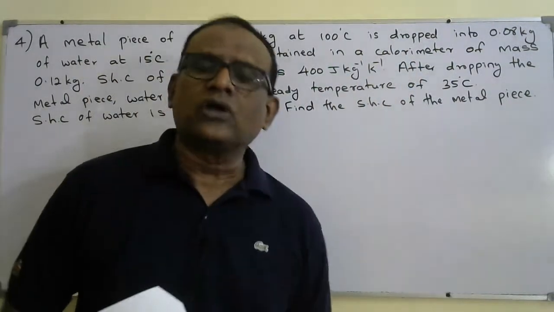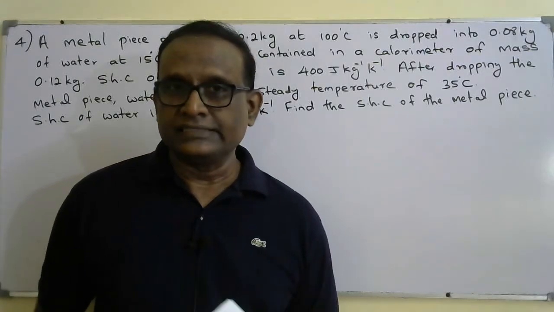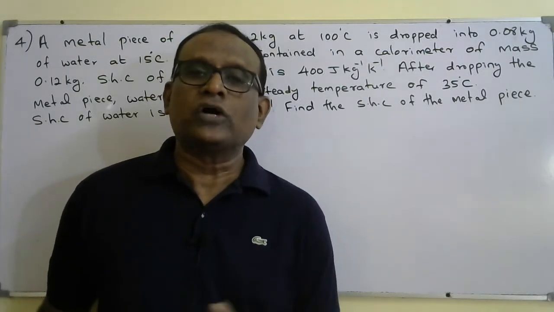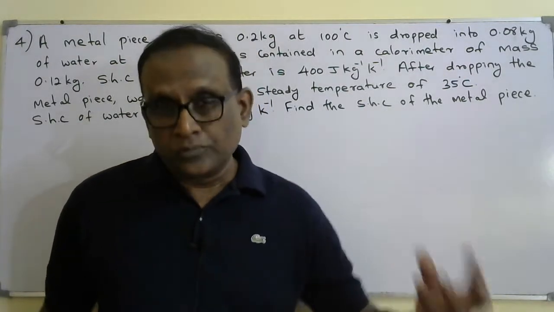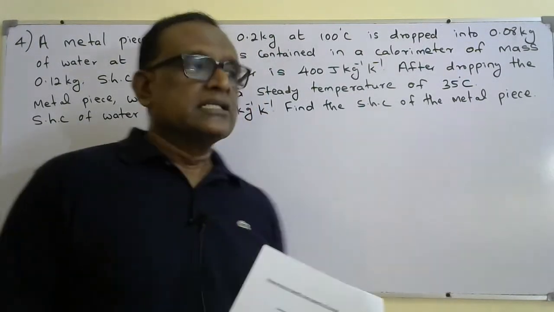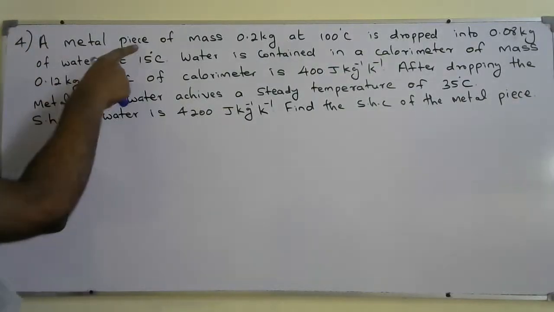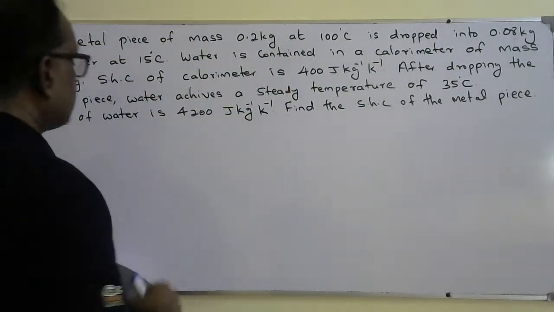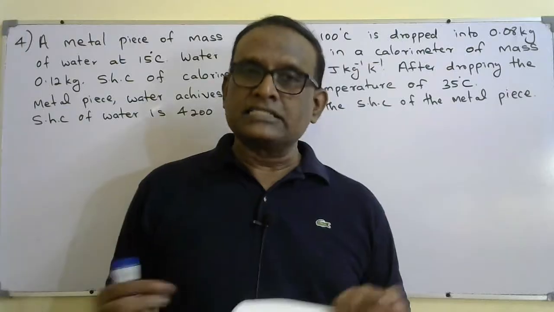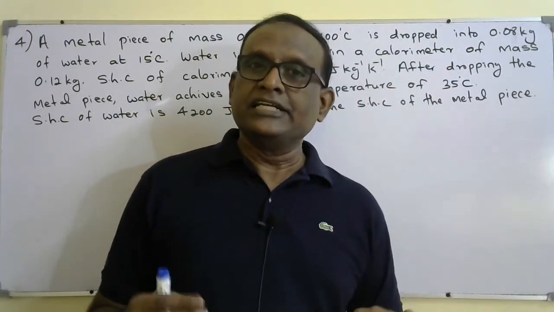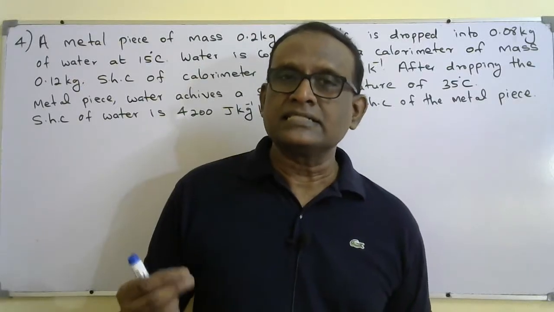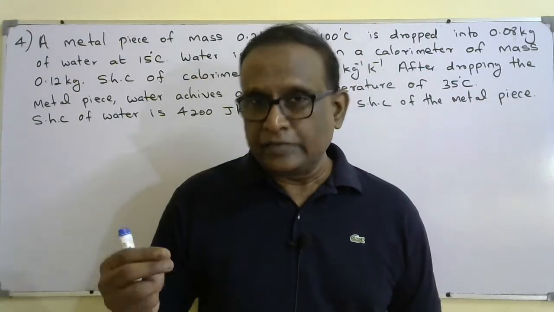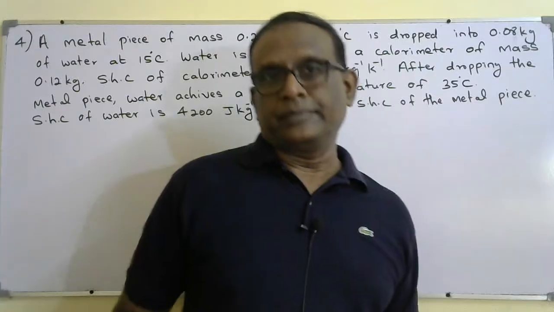This is conservation of energy. You should be able to identify which component is losing heat and which components are gaining heat. Here the metal was initially at the higher temperature, 100 degrees Celsius. Heat is the flow of energy due to temperature difference, so heat will flow from the metal piece to the water and calorimeter.